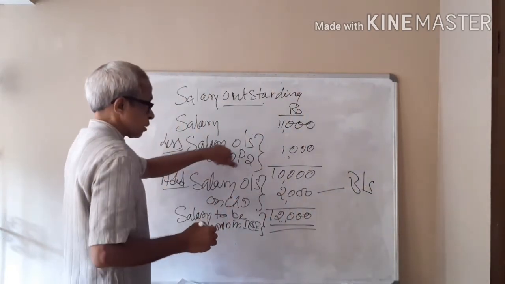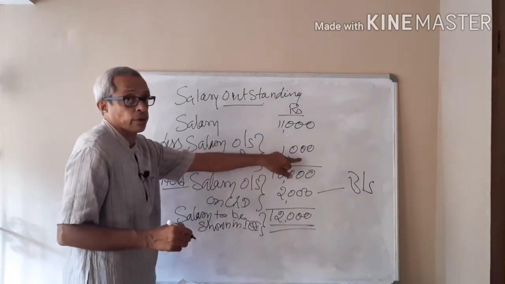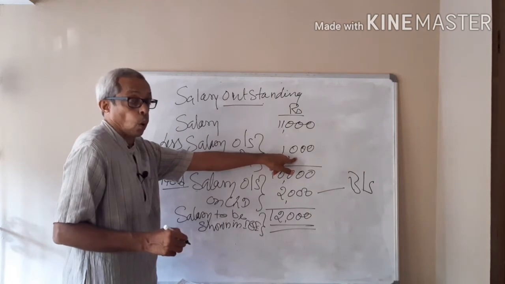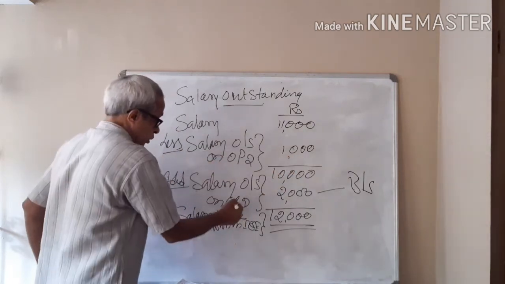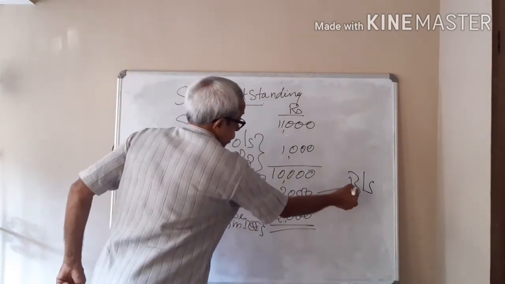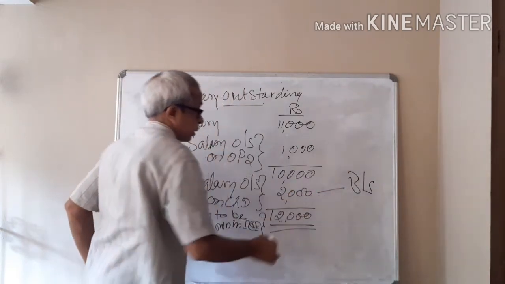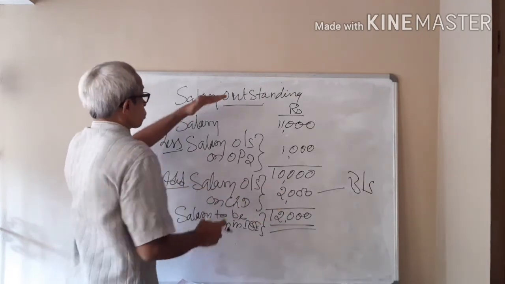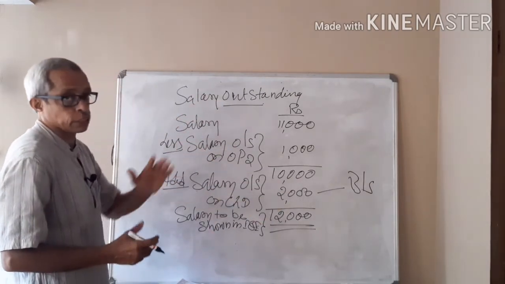This figure we have taken on preparing statement of affairs on opening date, and the closing date balance of salary outstanding may be shown on the balance sheet to be prepared as the last statement of this problem. So this is the salary outstanding adjustment.